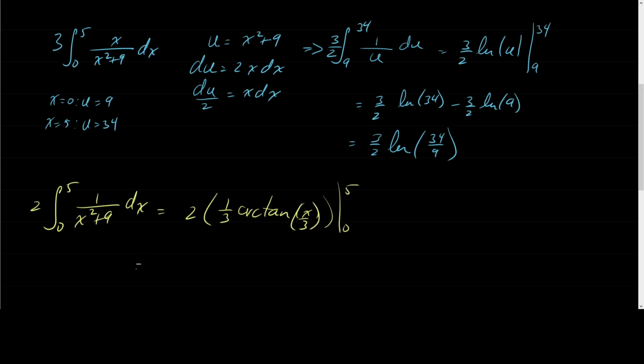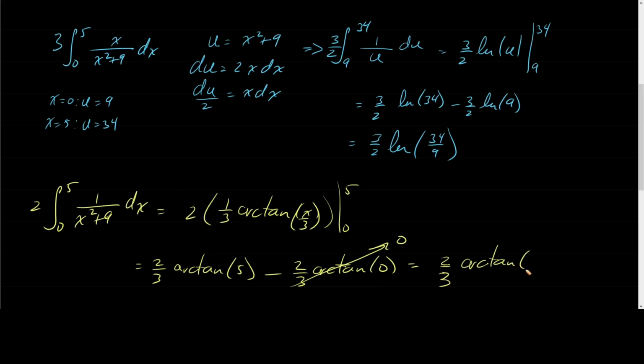So what I get here really is 2/3 arctan of 5 minus 2/3 arctan of 0. Arctan of 0 is just 0. So what we really have here is just 2/3 arctan of 5, whatever that is.